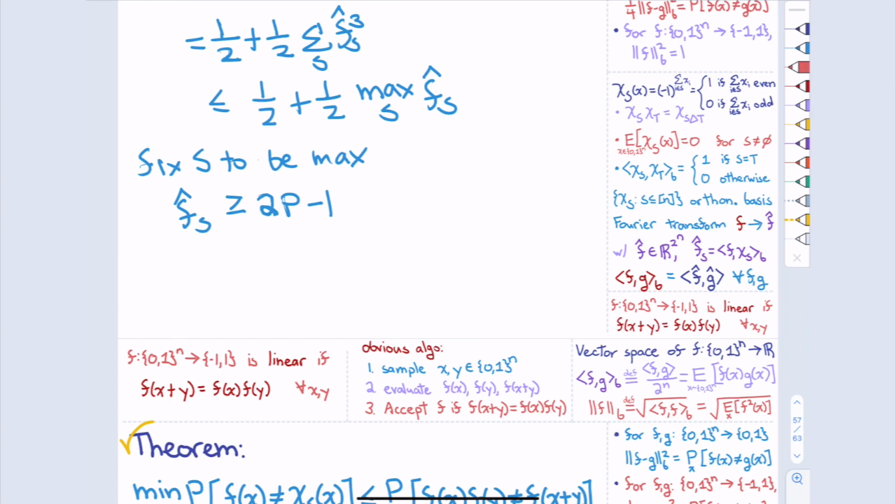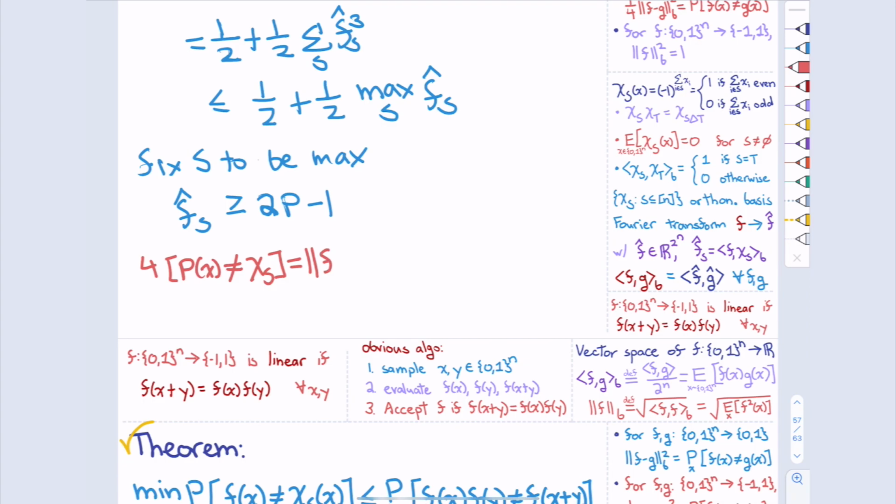All right, so let's finish. 4 times the probability that they're not equal. Okay, this is going to be sort of odd. I'll have to figure out this bug at the end.